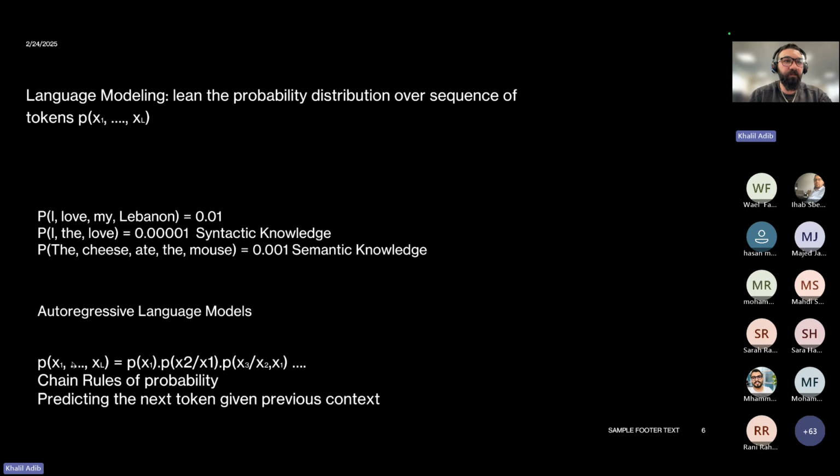As you can see, we have p of x1 to xL, which is equal to p of x1 times p of x2 given x1 times p of x3 given x1, x2. It's like in statistics, and I don't know if you statistics people here heard about something called the chain rule of probability.